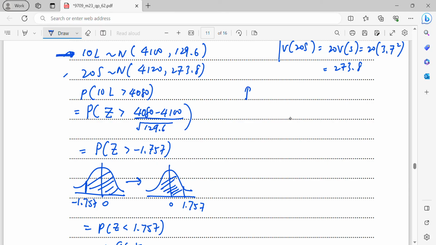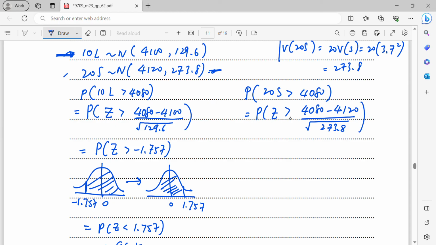Now the total mass greater than that value could also come from the 20S. So now I will count P(20S greater than 4080). Again, I standardize it. It will be 4080 minus the mean 4120, and the variance is 273.8, so you have to divide by the square root, which is the standard deviation. Then you will get P(Z more than negative 2.417).